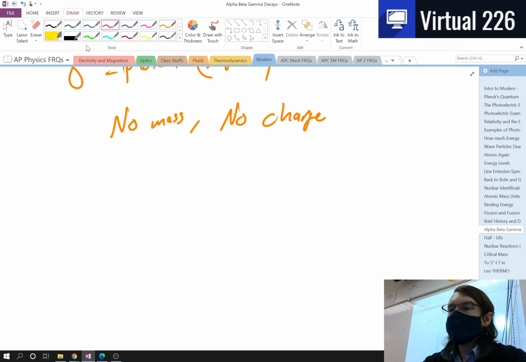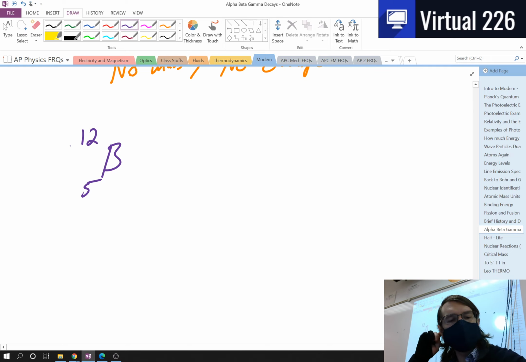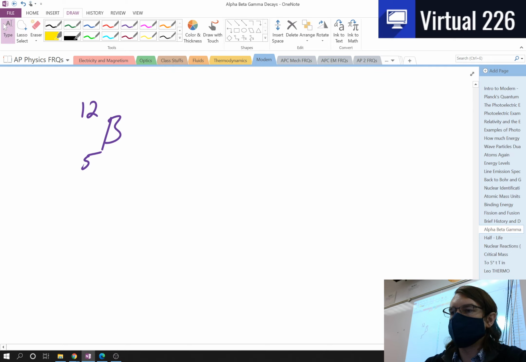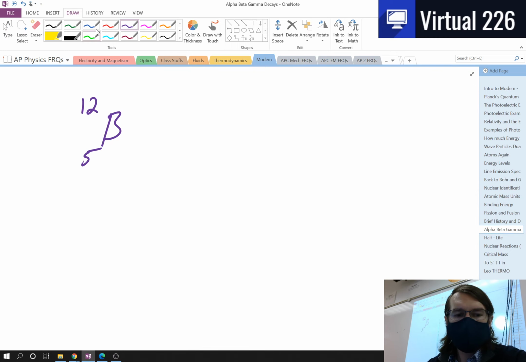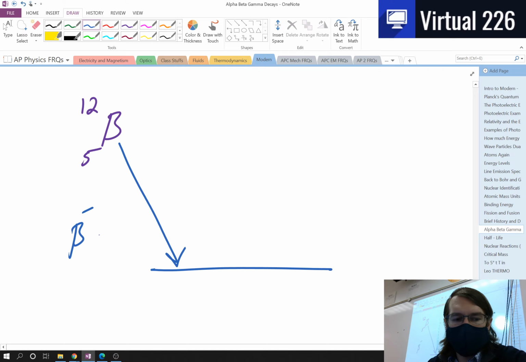Okay? So when this happens, let's take an example here, and let's look at boron-12. So we're looking at an isotope of this here. If we do this, this boron can decay downwards through a beta minus decay.